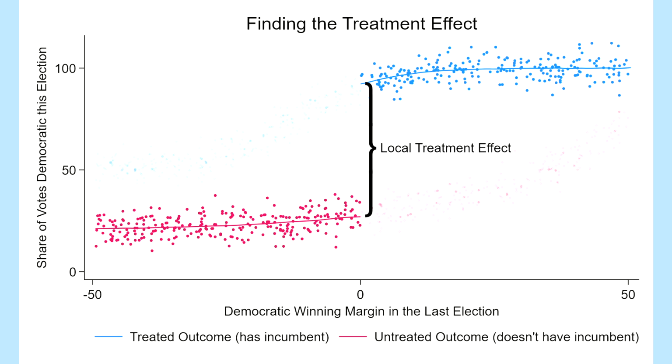It's just in this specific spot we found the treatment effect. If you understand this slide, you understand the logic of the regression discontinuity method. And that's one of the beautiful things about the regression discontinuity method, that it is very simple to convey visually.